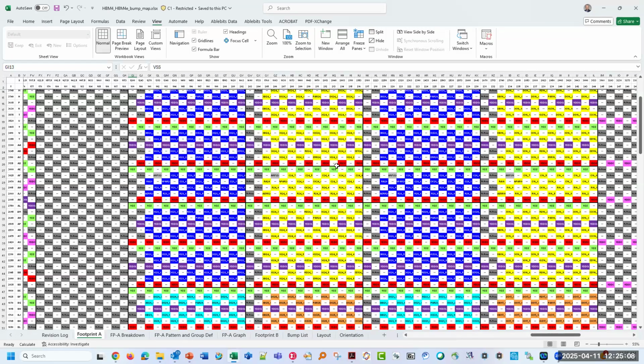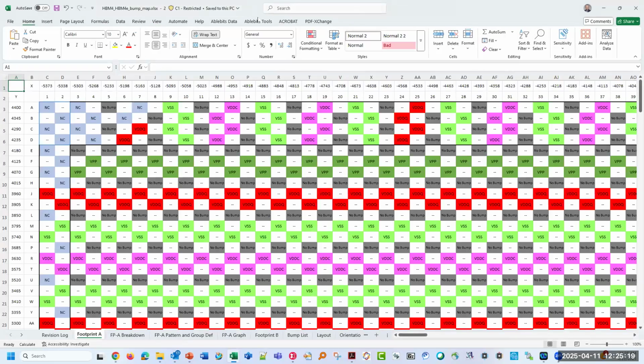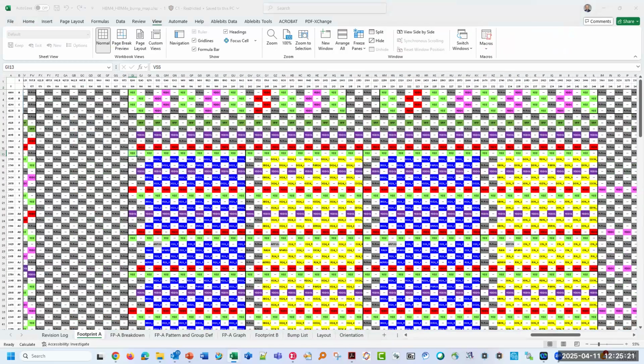If you go up a little bit, I can tell you about the power. Power is a little bit different, meaning maybe a couple of rows of bumps are missing, things like that.